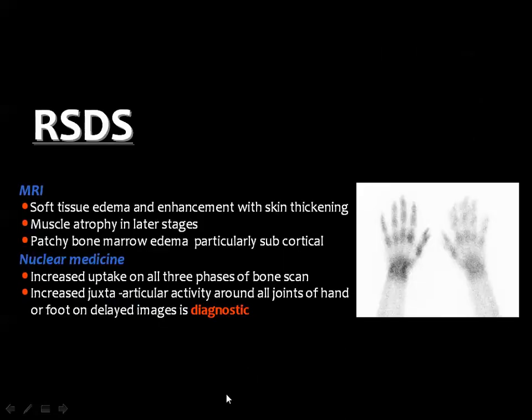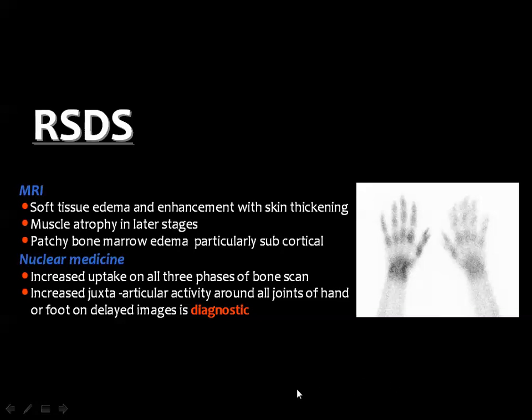Then in reflex sympathetic dystrophy syndrome, MRI will show soft tissue edema and enhancement with skin thickening, and later on you get soft tissue atrophic changes, and in the bones you get patchy bone marrow edema, low signal in the T1 and high signal in the T2 and the STIR images.